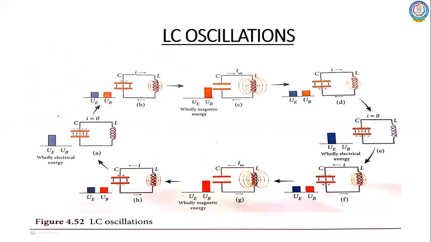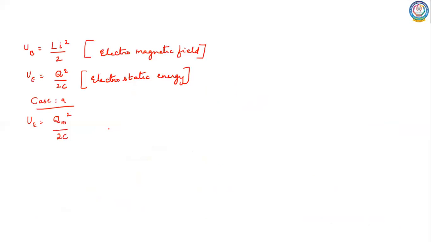Now the capacitor is fully charged and there is no current flowing in the circuit, so the energy stored in the inductor is 0. So what will be the value of UB here? UB will be 0, because there is no current flow in the circuit.